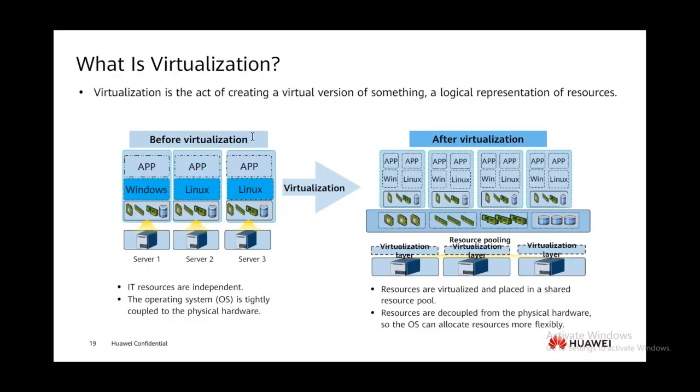So virtualization technology, let's look at it more again. This was before virtualization. If you have a server, in the server you have all your network resources, including storage, processing devices, processors, and stuff like this. Then you can now install your operating system, let's say Windows or Linux. Then you can install your application.